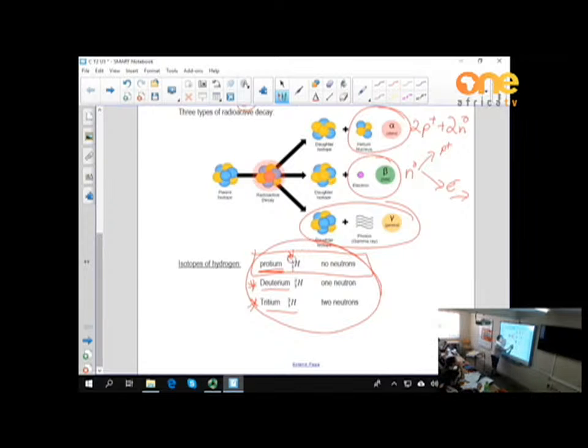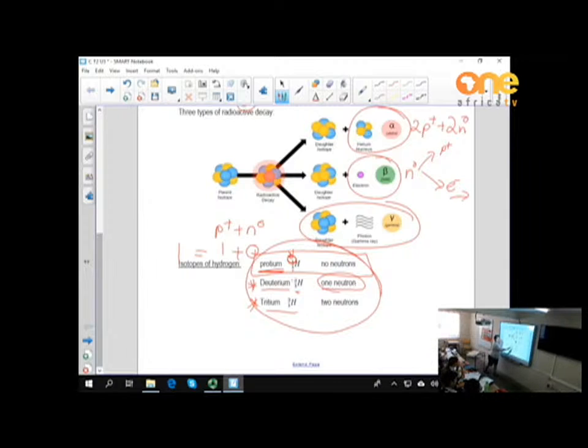Remember, this number is the number of protons plus the number of neutrons. If the atomic number is 1, there's 1 proton. If the mass number is 1, then there are 0 neutrons. Then deuterium has 1 proton and 1 neutron, so the mass is going to be 2.